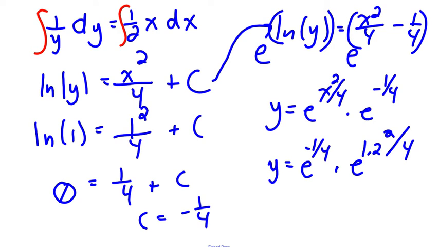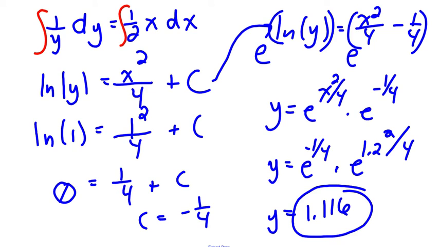Hit enter, and I got 1.11. Y is approximately equal to, to 3 decimal places, 1.116. That is what I had gotten for that approximation.